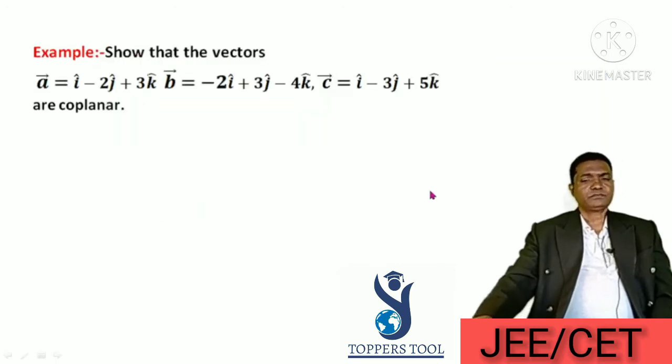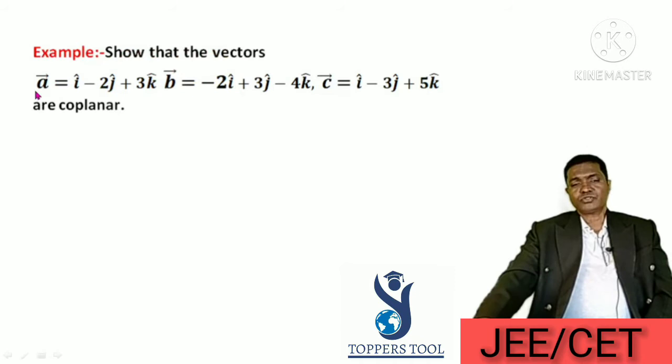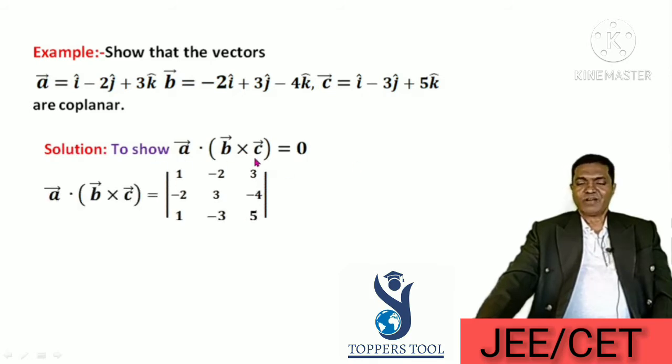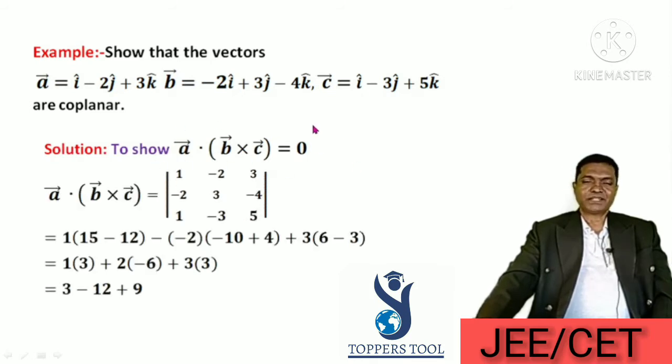Now here is one question. You are asked to show that these three vectors are coplanar. So what do you have to show? That their scalar triple product is 0. That's all. So consider the scalar triple product, which is this, in the form of a determinant.